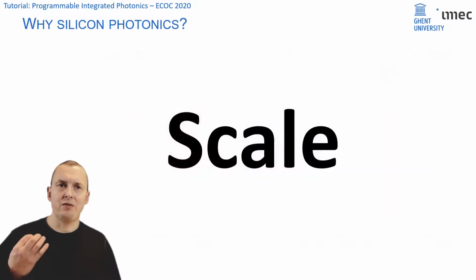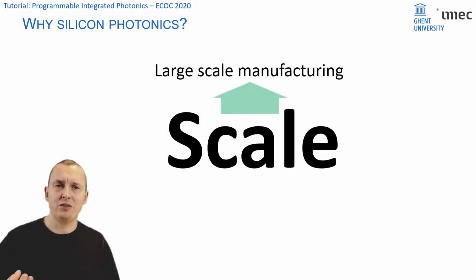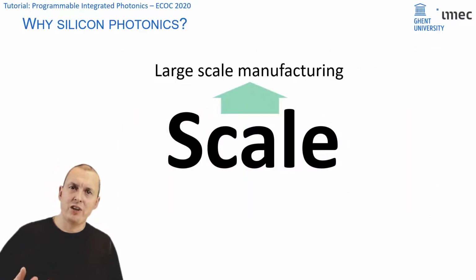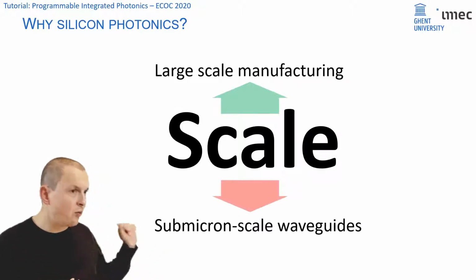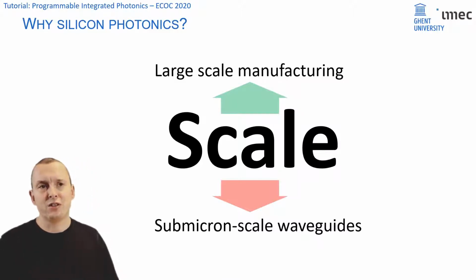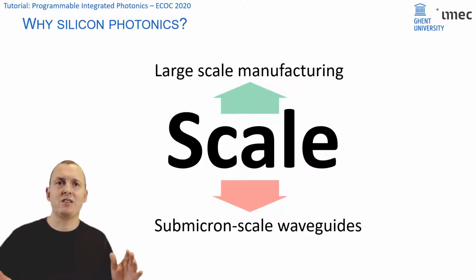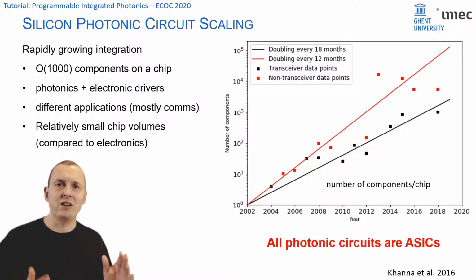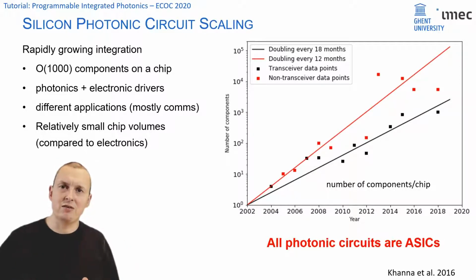On one hand, you have the large-scale manufacturing of the CMOS industry. On the other hand, you have submicron scale waveguides that allow you to really compress the size of your photonic circuits. And as a result, over the past decades, we've seen a steady growth of complexity in silicon photonic circuits, with increasing numbers of integrated components in the same circuit.